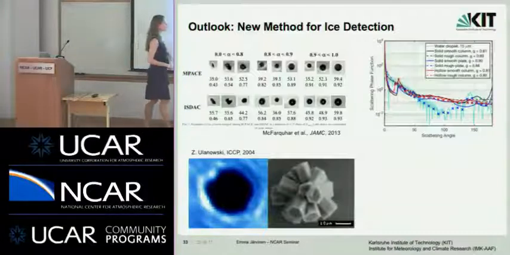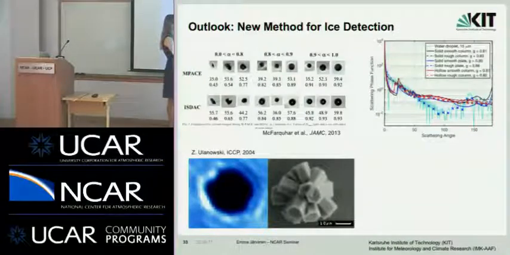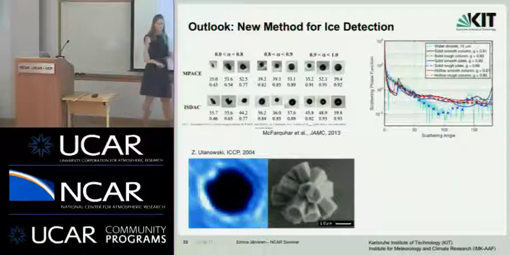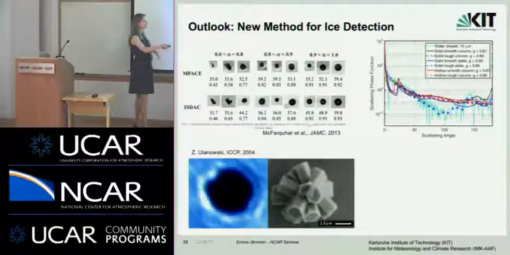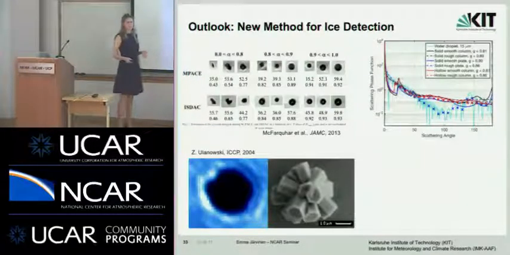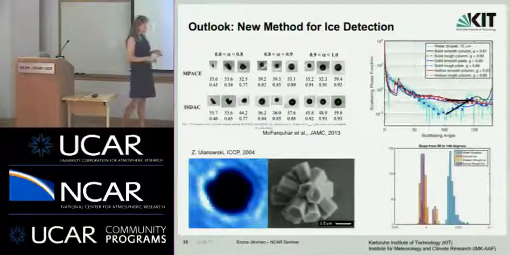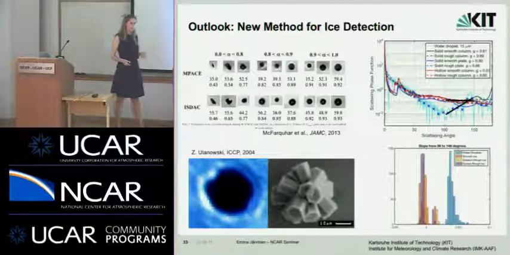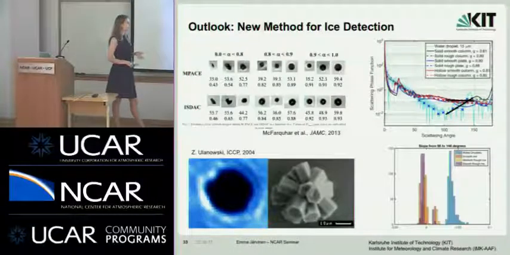And as I already showed, ice crystals have a scattering phase function that, in the sideward angles, is really differentiable from the liquid droplets. And it has so little variation due to the fact that atmospheric ice crystals are complex. So then I had the idea, why don't we use these features of the scattering phase function to do phase separation?